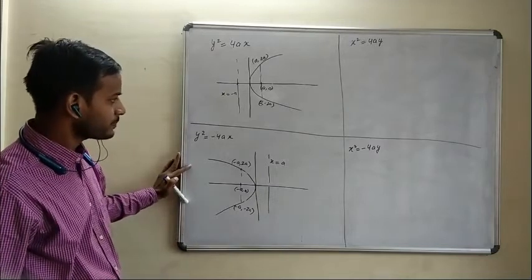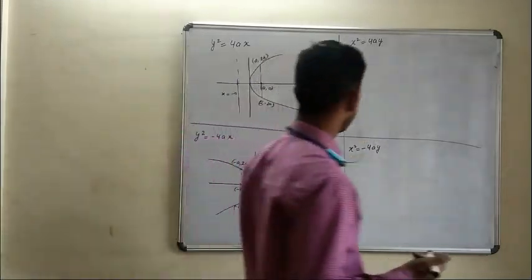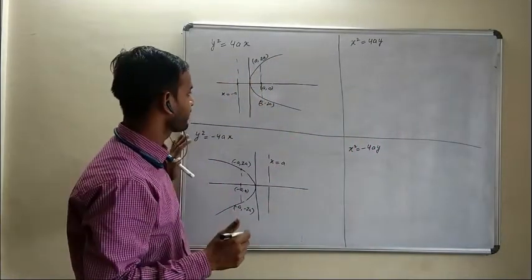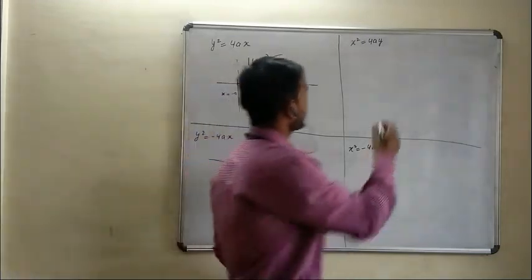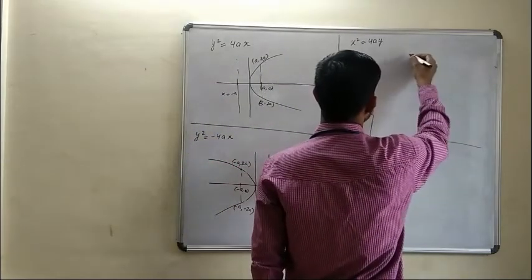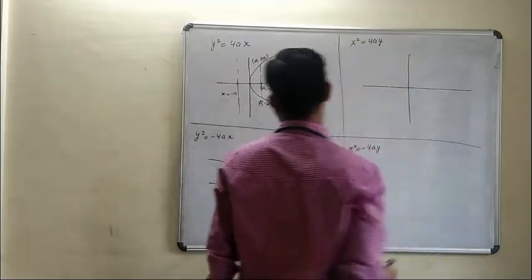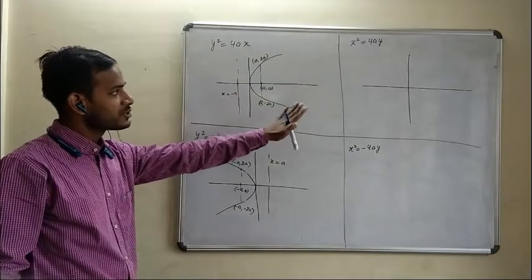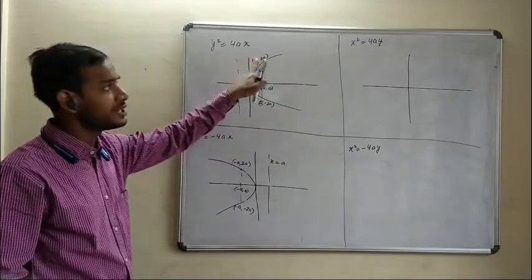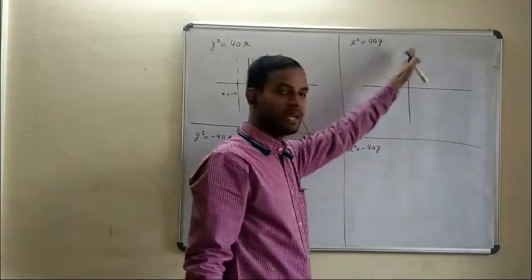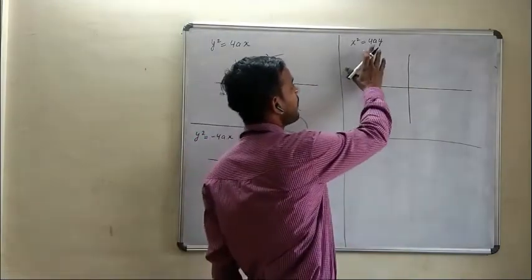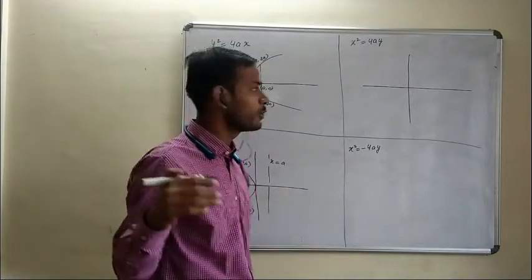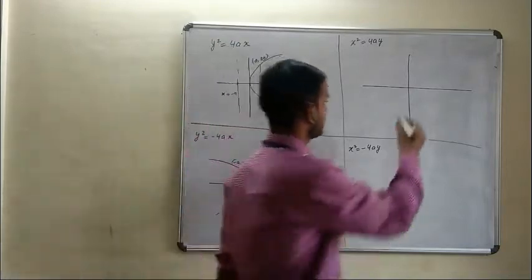Okay. Now coming to this particular parabola, its x square is equal to 4ay. We can see that here the axis of the parabola was x-axis. So clearly, since x and y are interchanged, the axis of the parabola will be y-axis, and with the positive sign we can understand that the parabola would be opening towards positive y-axis.